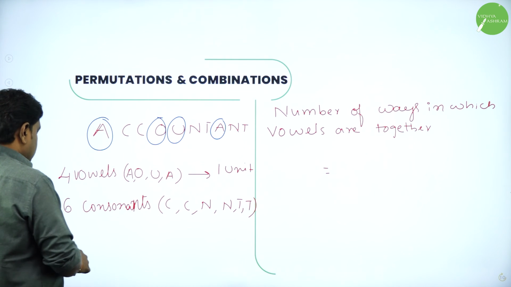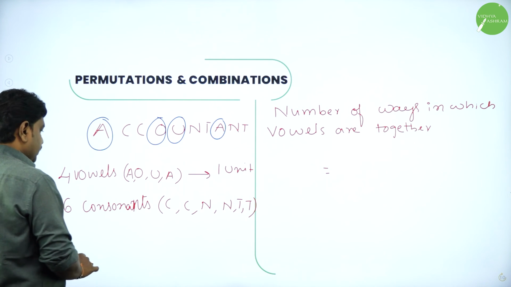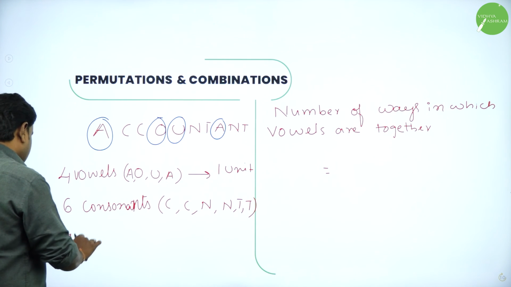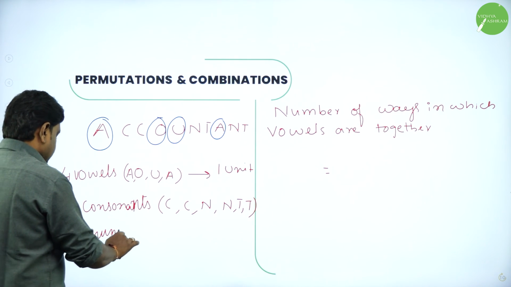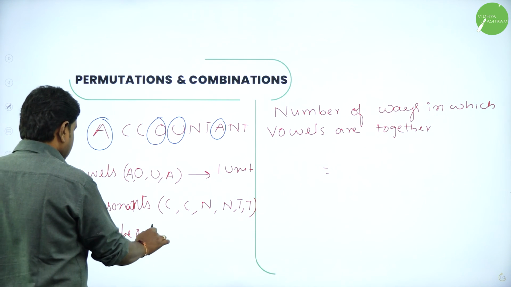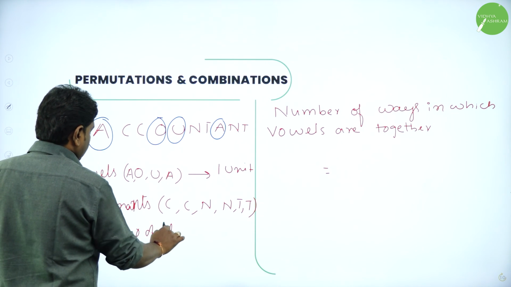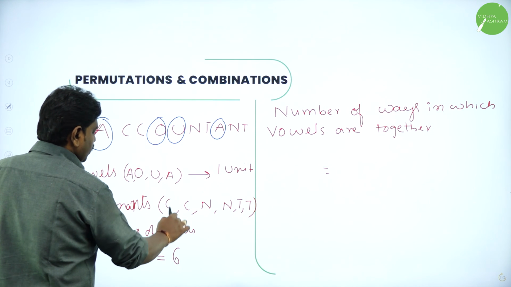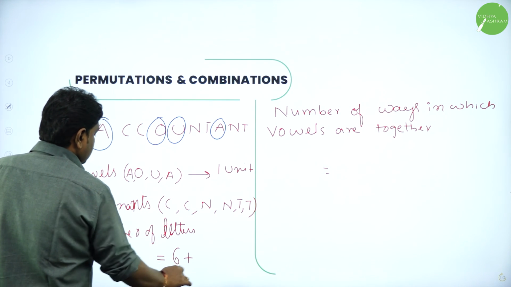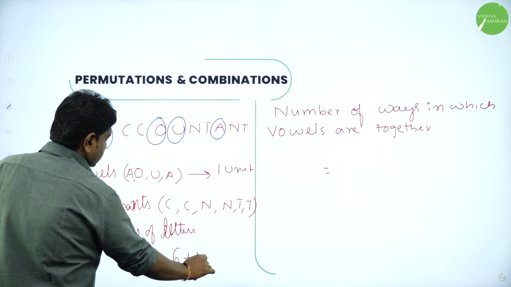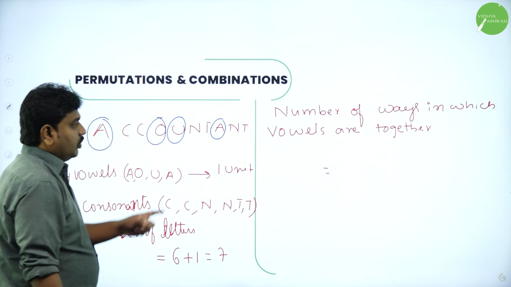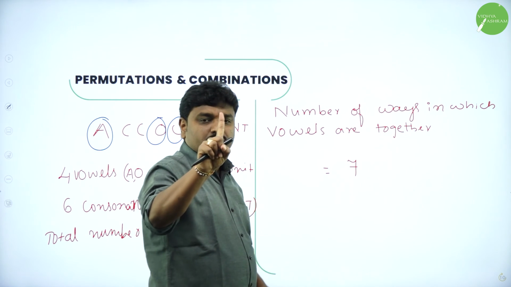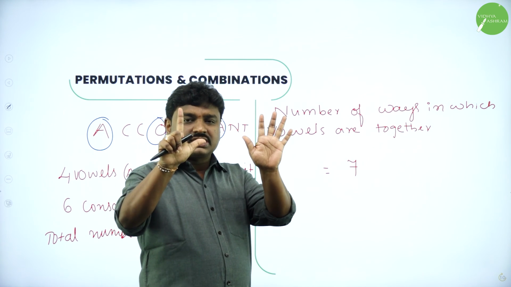So total number of letters: 6 non-vowels plus vowels as 1 unit, 6 plus 1, 7. So now vowels together means I have 7, because all vowels are 1 unit.